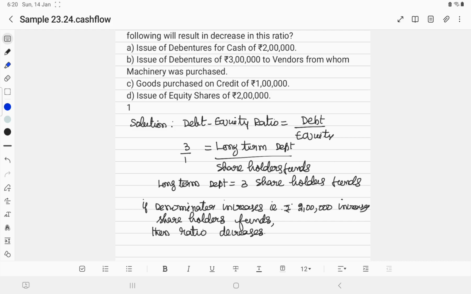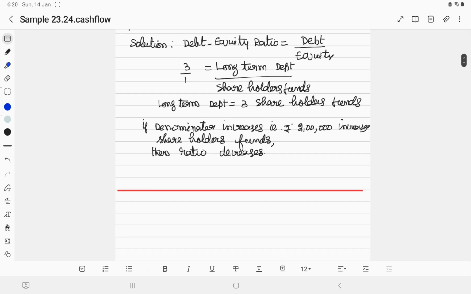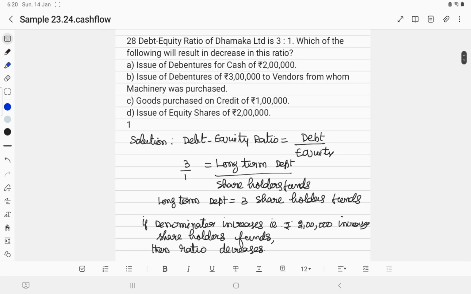If denominator increases, that is shareholders' funds increases by 2 lakhs, then ratio decreases. Therefore, answer is D.